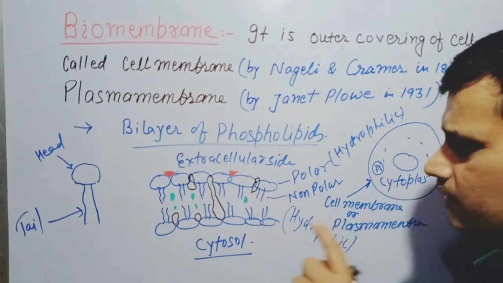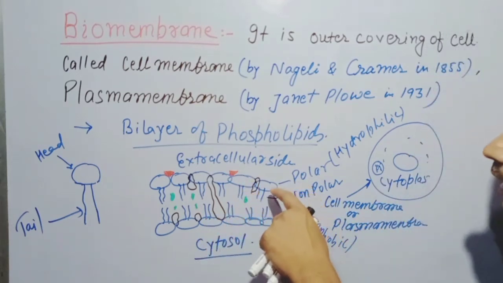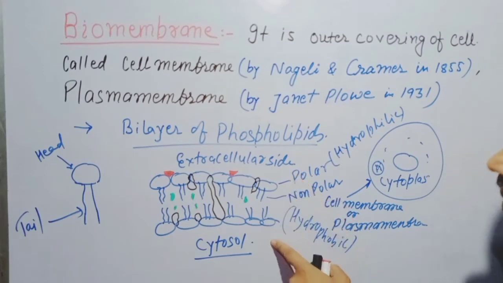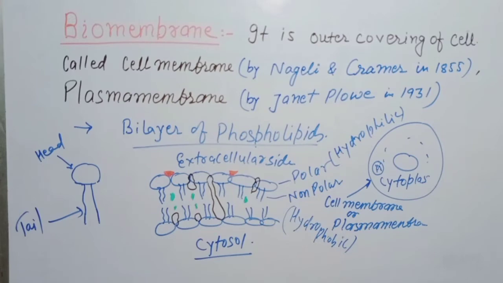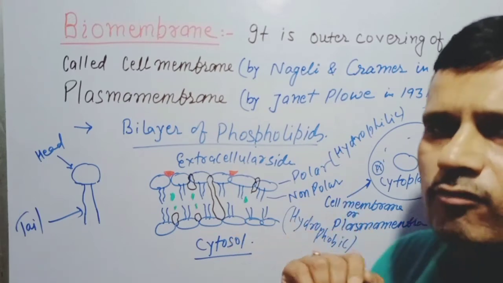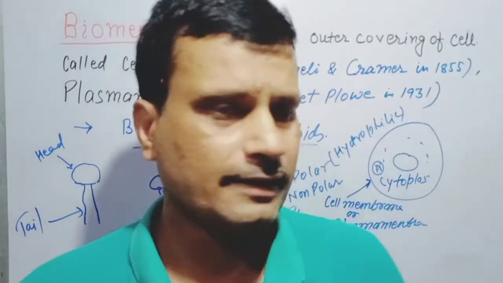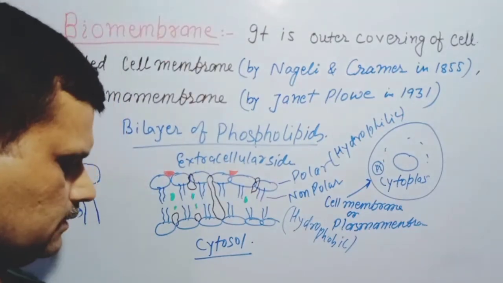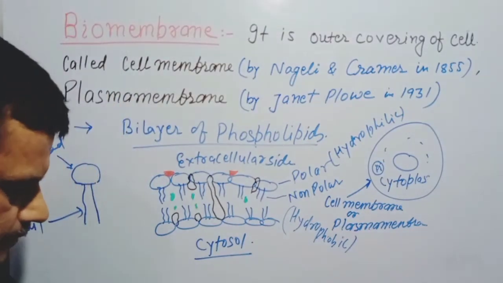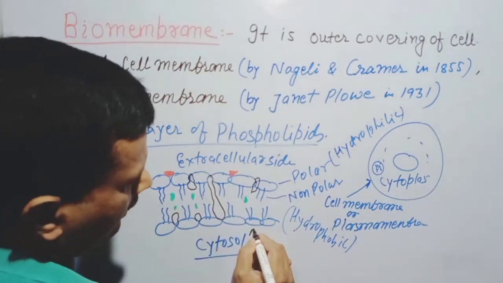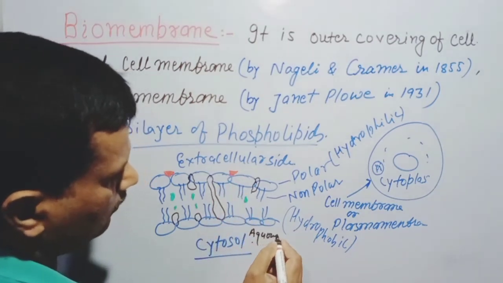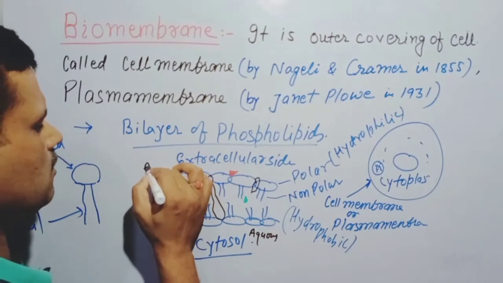Try to understand why the polar heads face outward: because the extracellular space as well as the cytosol and intracellular space both have aqueous conditions, so this environment is aqueous and this environment is also aqueous.